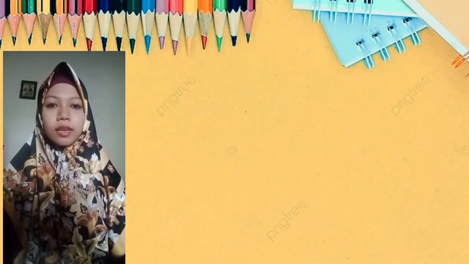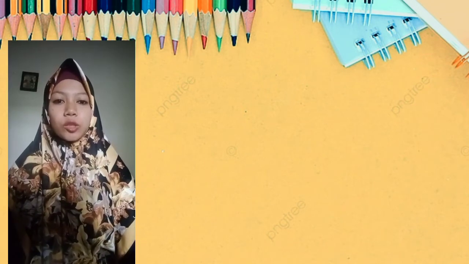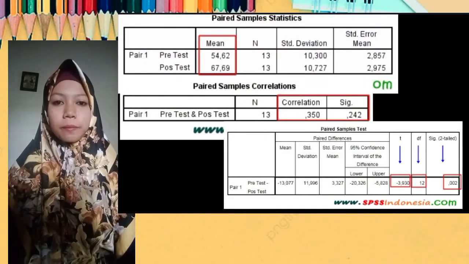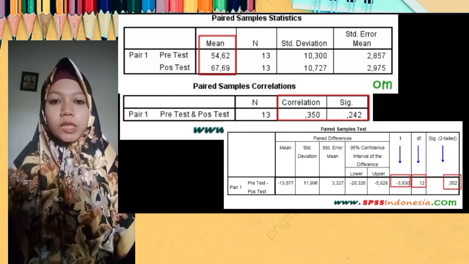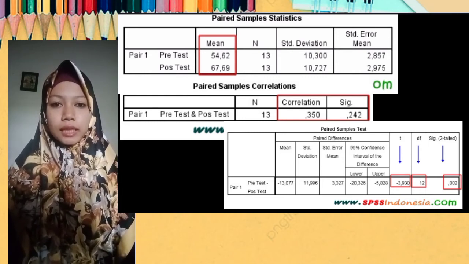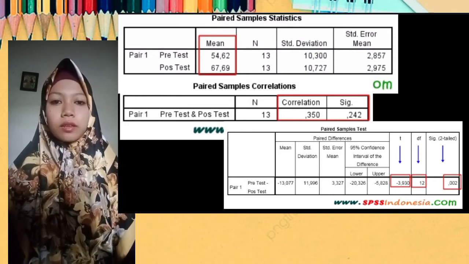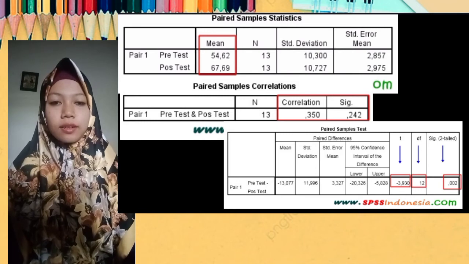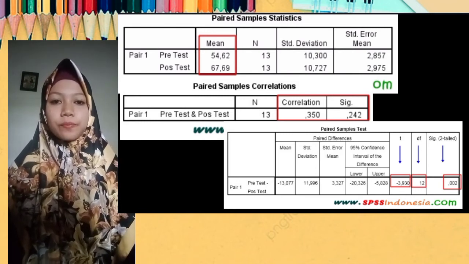The result can look like this. Here are the outputs of the paired sample t-test. There are 3. The first is paired sample statistics. The second is paired sample correlations. And the third is paired sample test.